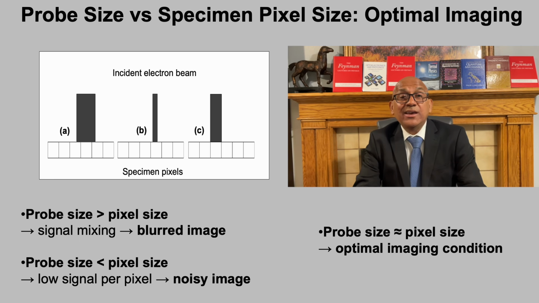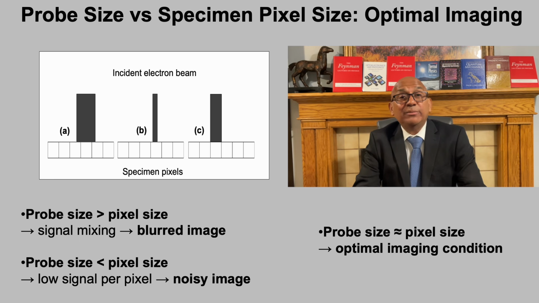If the probe size is larger than the specimen pixel size, the electron beam interrogates multiple neighboring pixels at once. Signals from adjacent regions become mixed and the result is a blurred image, even though the sampling rate may be fine. On the other hand, if the probe size is much smaller than the specimen pixel size, each pixel receives signals from only a very small fraction of the beam interaction.